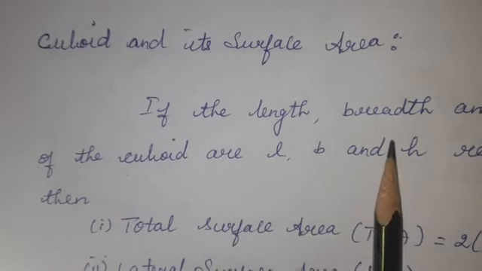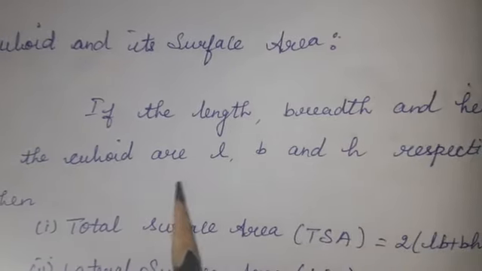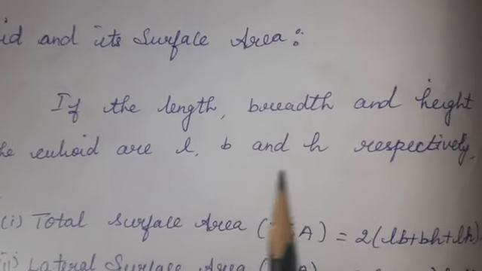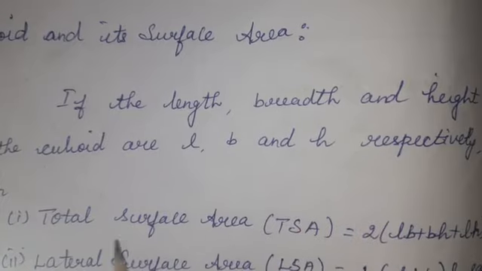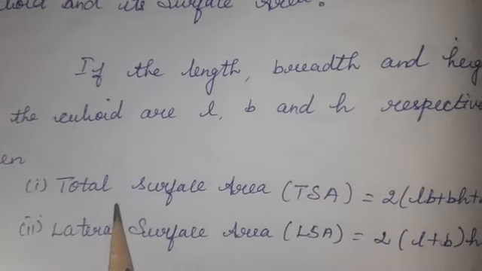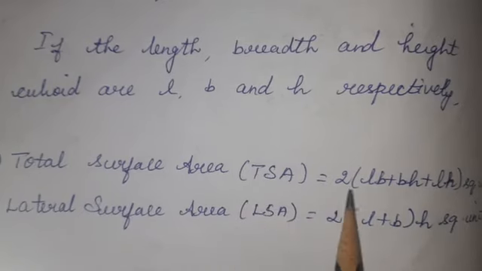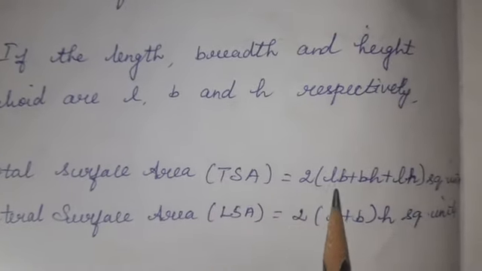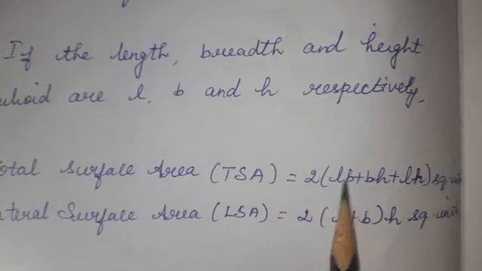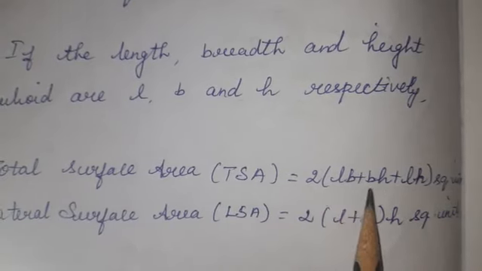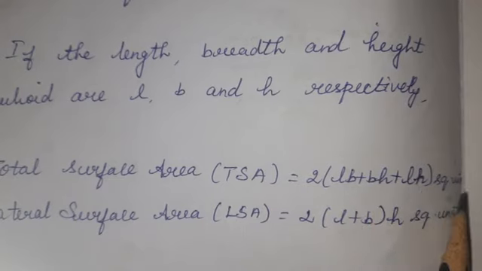The cuboid and its surface area formula: if the length, breadth, height of the cuboid are L, B, H. Length is L, breadth is B, H is height. What is the total surface area formula? Total surface area, in short form TSA, is equal to 2 into (LB plus BH plus LH) square units. LB means L into B, plus B into H, plus L into H, square units.